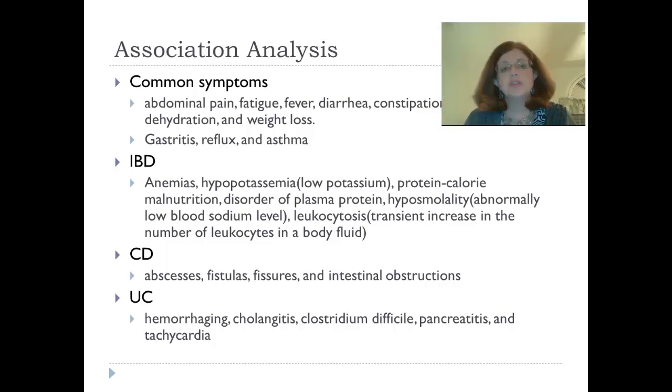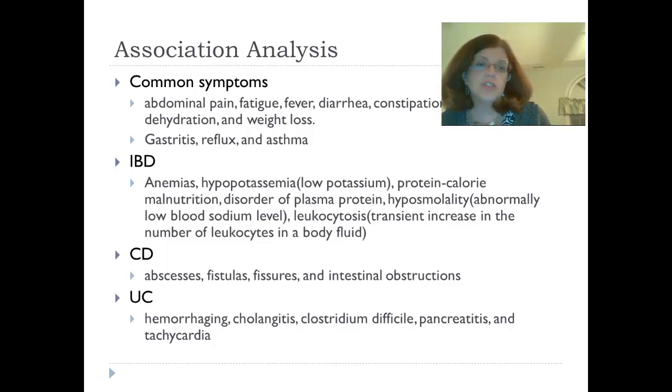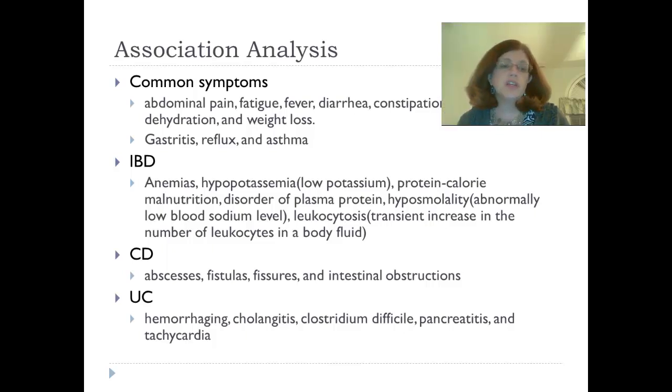If we looked further at Crohn's and colitis to see what differentiated them, we found that Crohn's disease had related conditions of abscesses, fistulas, fissures, and intestinal obstructions. Ulcerative colitis had conditions of hemorrhaging, cholangitis, which is a liver bile duct condition, C. diff, which is an infection, pancreatitis, and tachycardia.